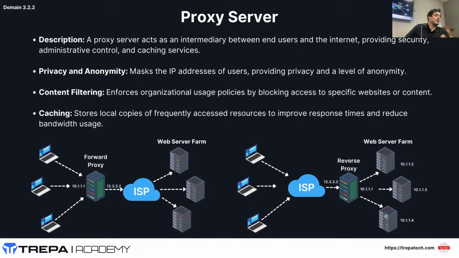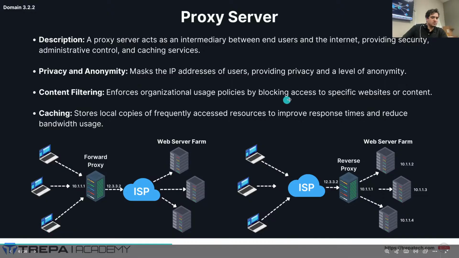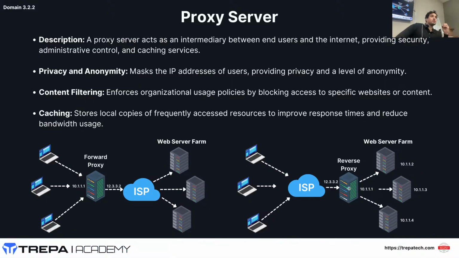Just another man in the middle, another way to protect and have privacy and mask the IP addresses of my users or my servers. And both these proxies are going to be doing network address translation, where you're translating from these private IPs to this public IP, and you're going to maintain a NAT table there for all your sessions, okay?